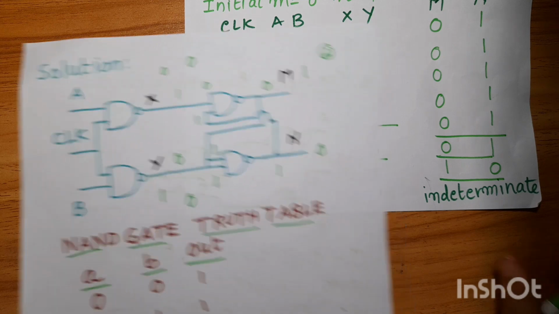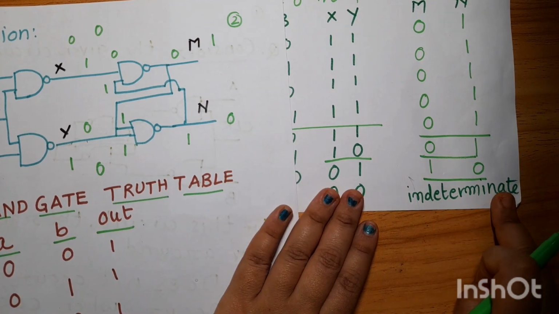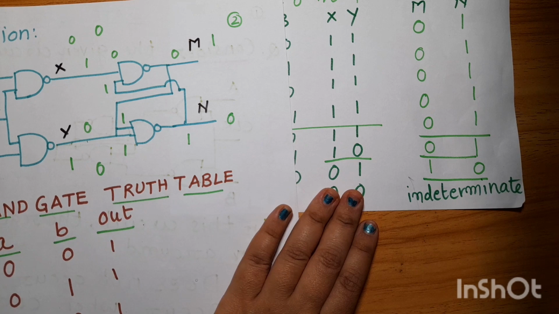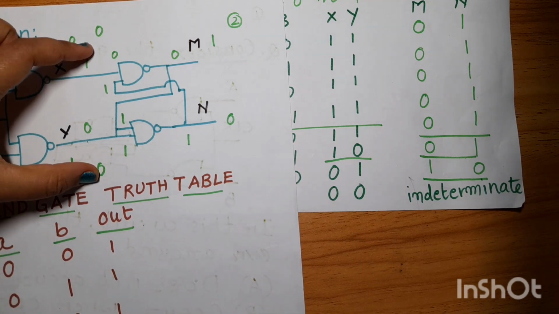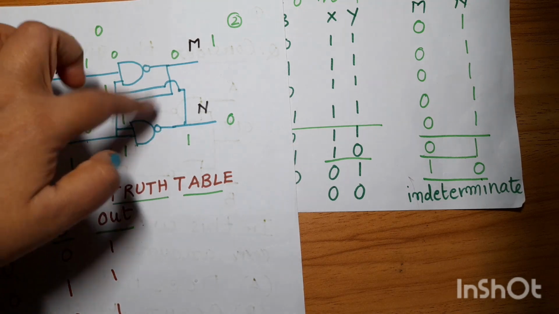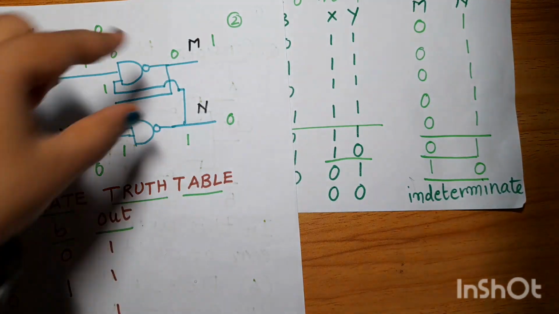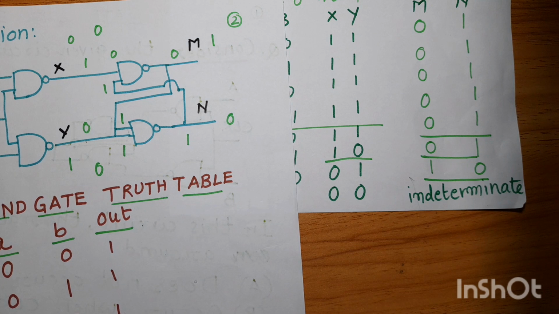So this would give rise to an indeterminate condition, because both of them are 0, 0. So the output of both NAND gates would try to be 1, which is not possible. So it would give rise to the race around condition.